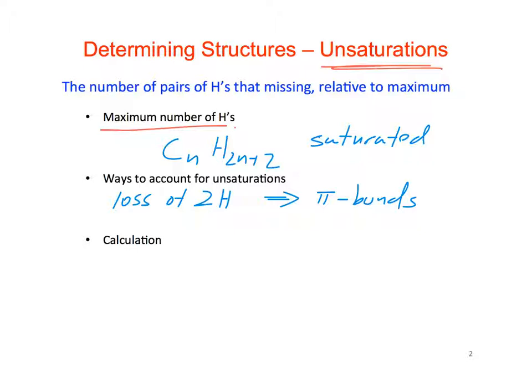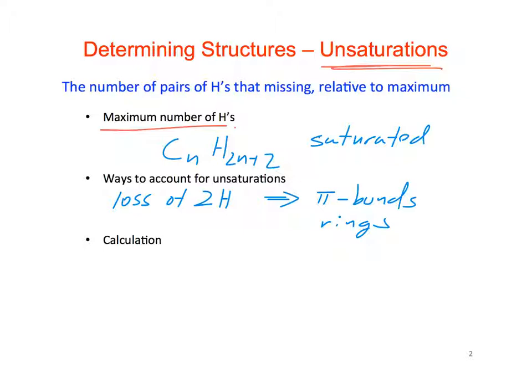Not substitution; the number of substitutions isn't going to affect the saturation. Rings. If we make a ring, we need to remove two hydrogens in order to join the ring together. So unsaturations give us some idea of whether there are pi bonds and/or rings.